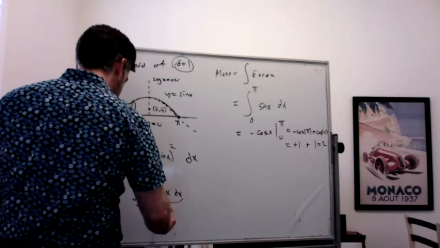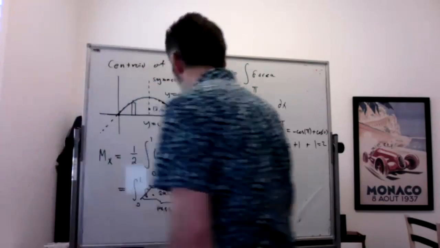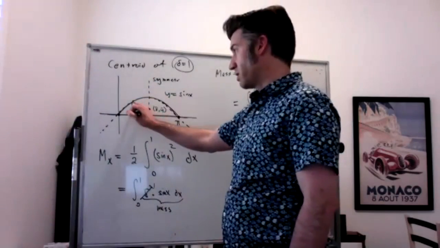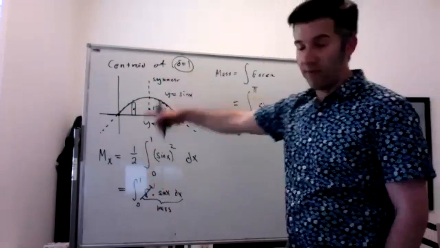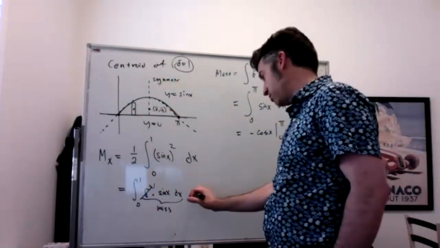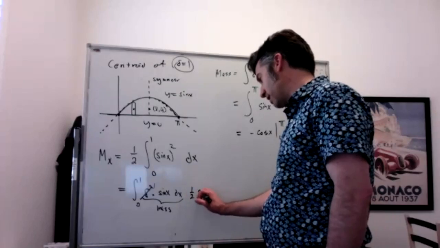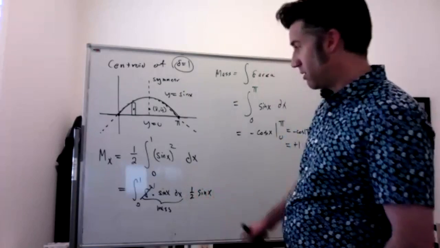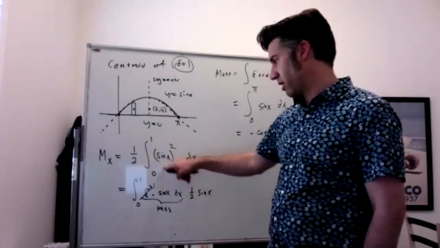That's our mass. We're setting the density equal to 1. And then the lever arm, well, we're going to say that this is all centered at the center of that strip. So the lever arm is half the length of that strip, which is just going to be 1/2 of sine of x. That's how we're getting this: 1/2 sine squared dx.